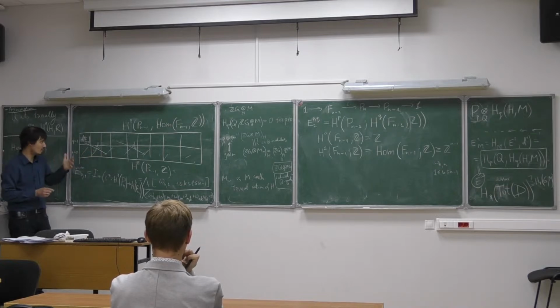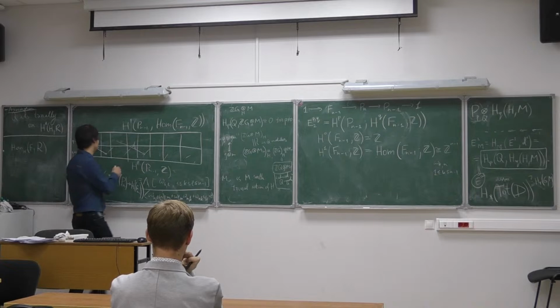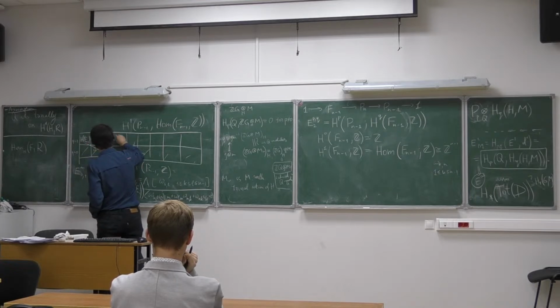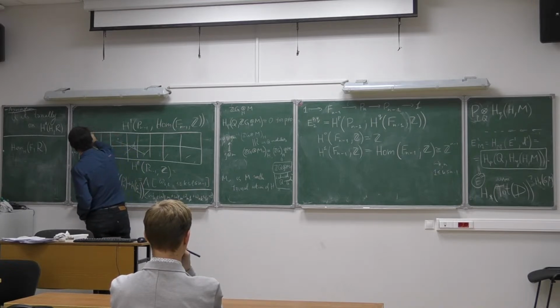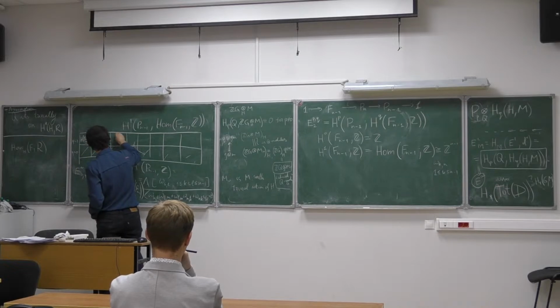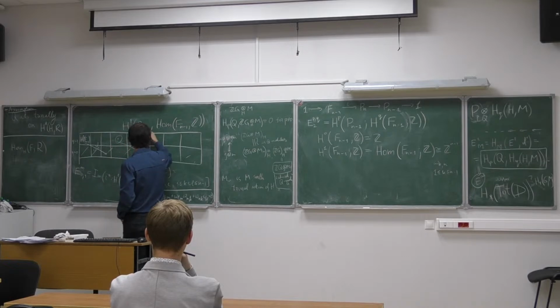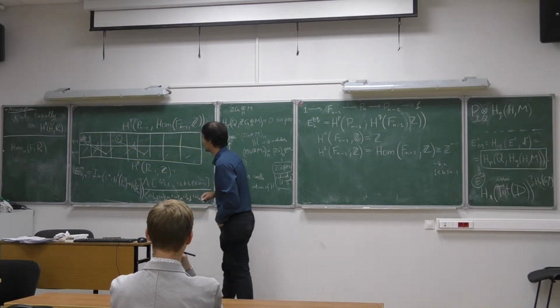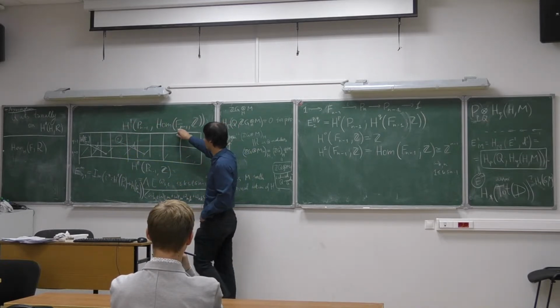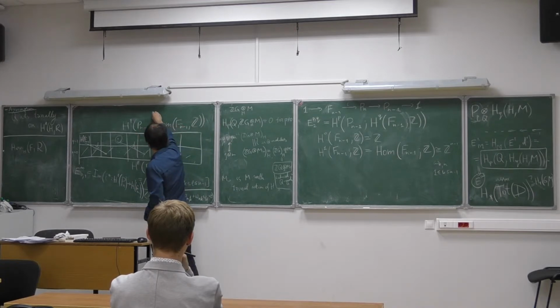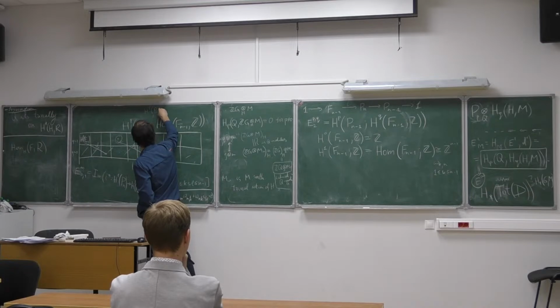But now, in each group like that, this group is always the tensor product of that and that. This is just cohomology with coefficients here, so it is just the tensor product.